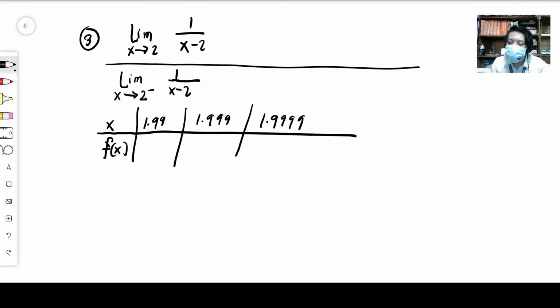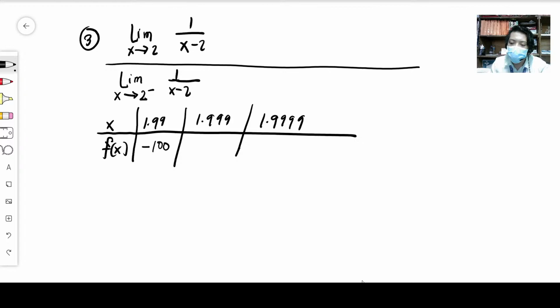When x is equal to 1.99, the value is negative 100.